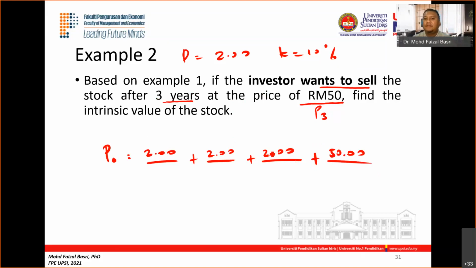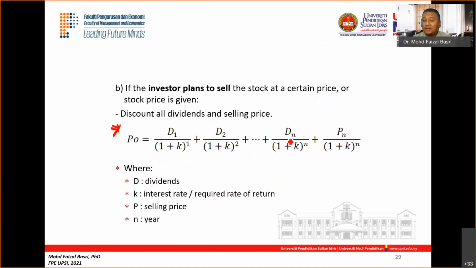So we have 3 dividends, 1 selling price. And remember the N. So N is 3 years. So therefore, we're going to define N as 3. So if we define N as 3, the final dividend will be D3, P3 divided by the power of 3, also the power of 3.